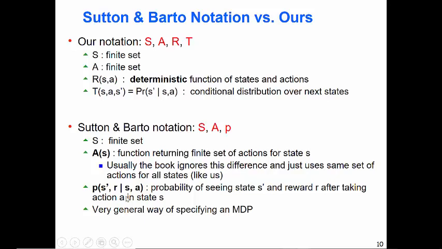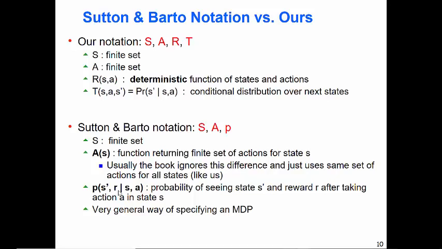The thing that looks like it's the biggest difference, and maybe our model is not general, is this: instead of specifying T and R, they specify one function, P, the transition function. And this basically says if you're in state S and you take action A, what's the probability of ending up in state S prime and getting reward R? Okay?